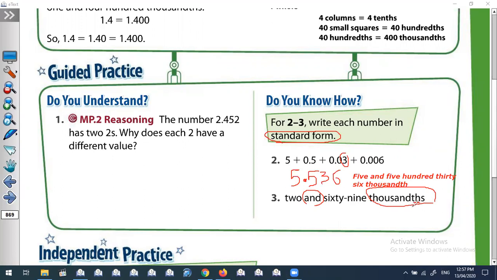How can we write it? We are going to write it like that. 2, and means decimal point. 69 thousandths means 3 digits in the decimal. So you have to write 69 like that. But here we have only 2 digits in the decimal, so we need another digit.